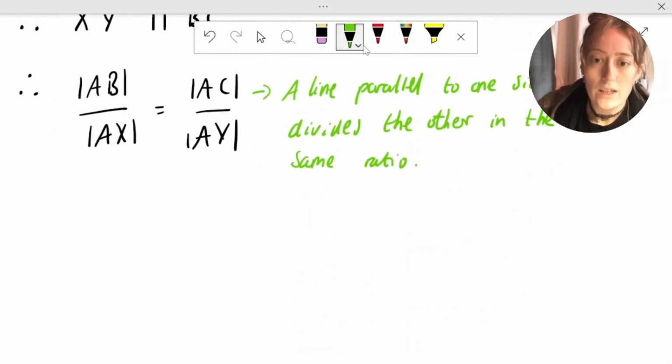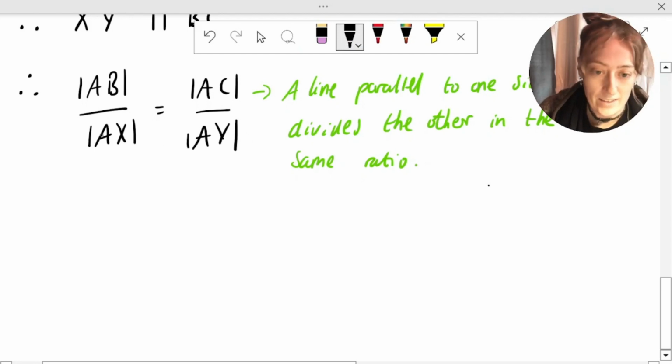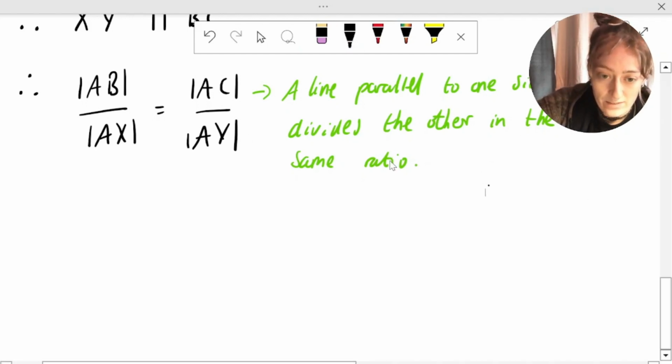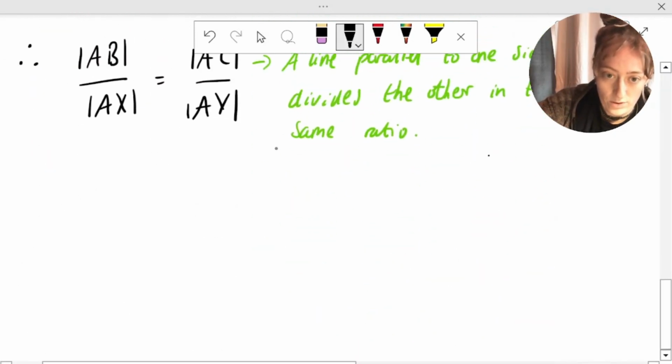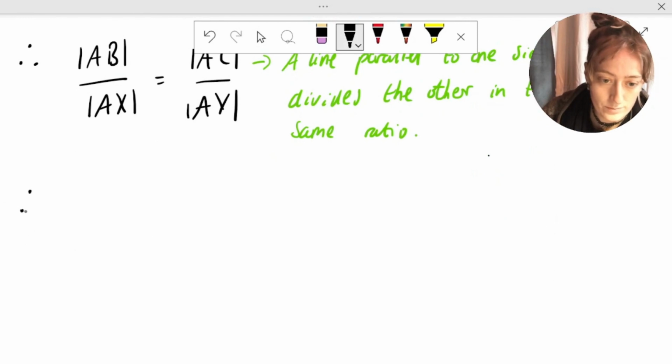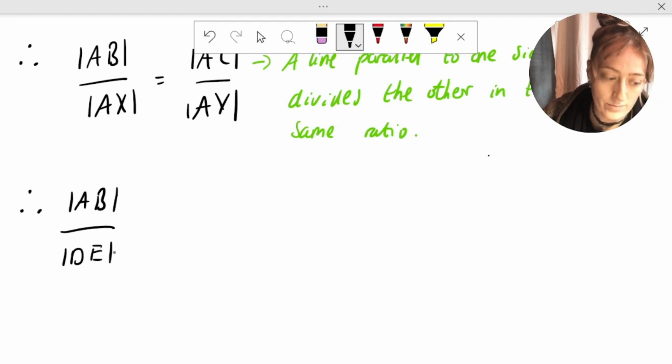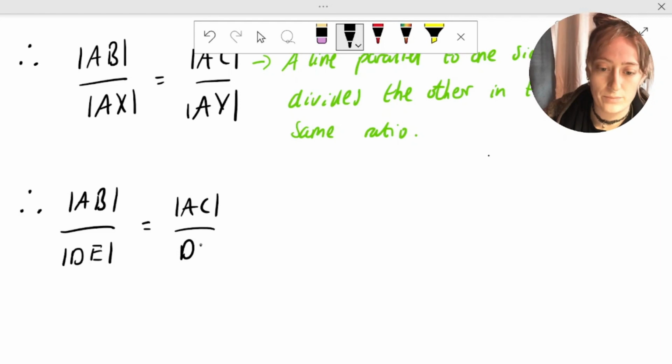Okay, so guys, we already said that AX is equal to DE, AY is equal to DF, so therefore AB over DE is equal to AC over DF.